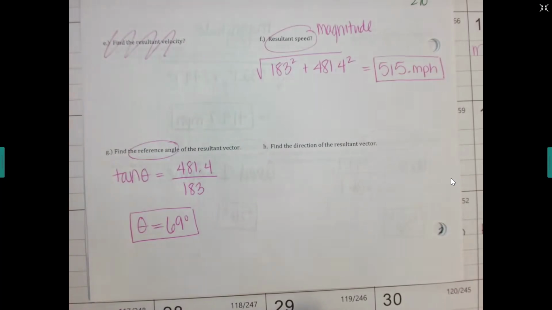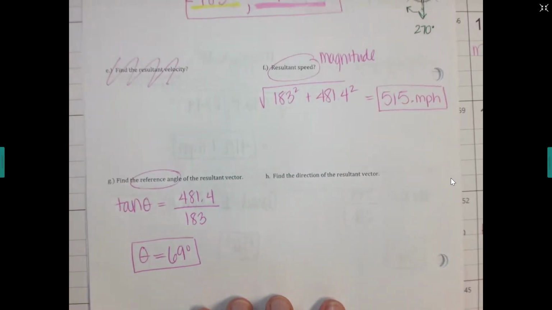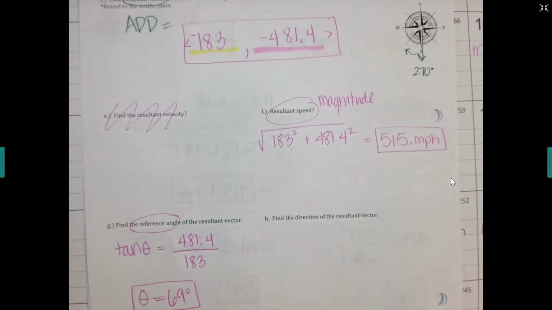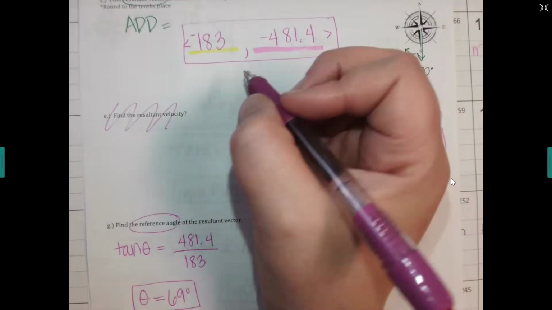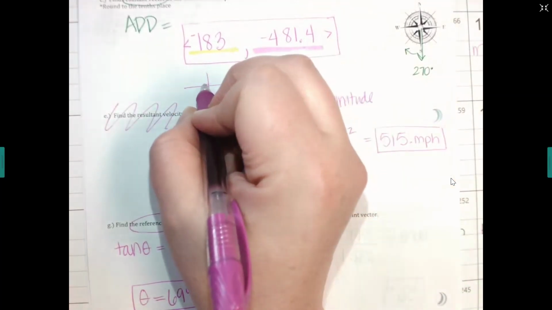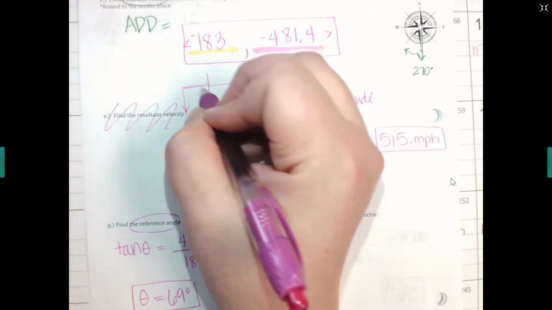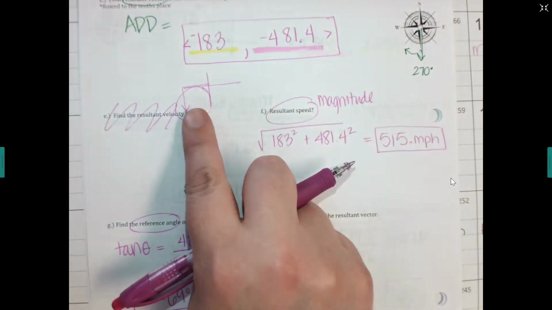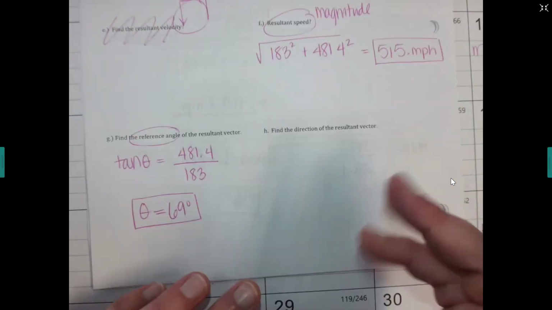Okay, then how do we turn our reference angle into direction? We consider the quadrant. So look at your original x and y. What type of numbers are they? They're both negative, so I'd go to the left 3, down 3. That puts me in this quadrant. What's the formula here? 180 plus.